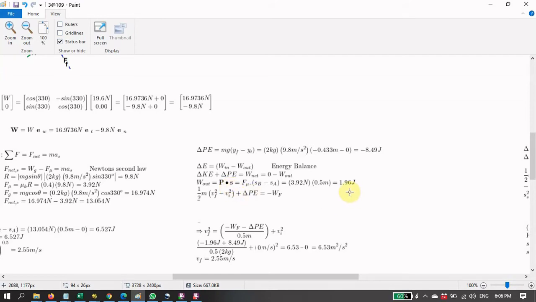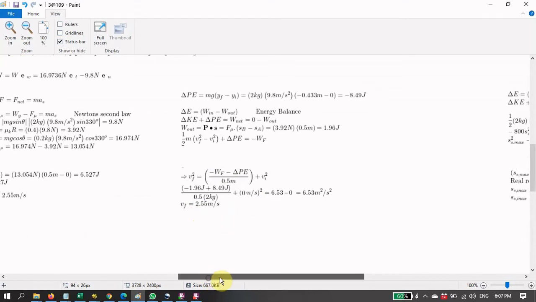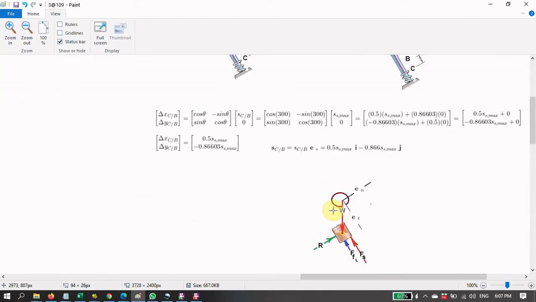We get about 1.96 joule, and then we can calculate the kinetic energy changes plus the potential energy changes equal to the work done by the particle to resist the frictional force, and from here we can get the same velocity of the particle, which is 2.55 meter per second.